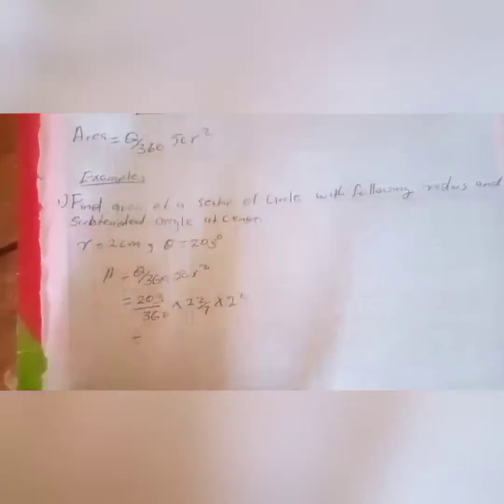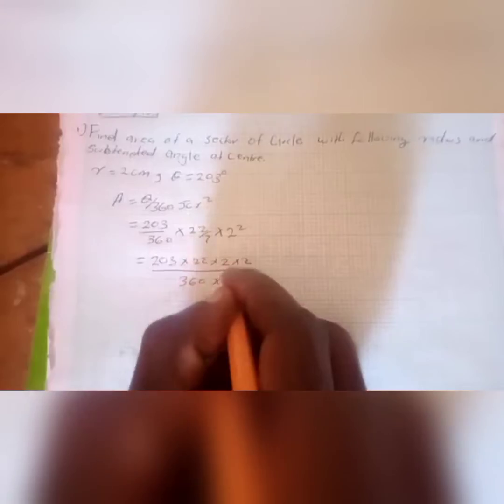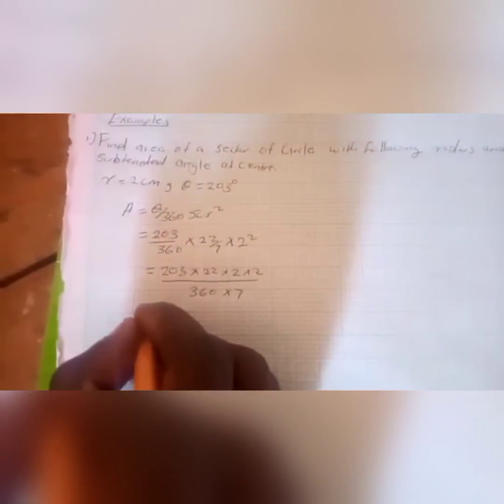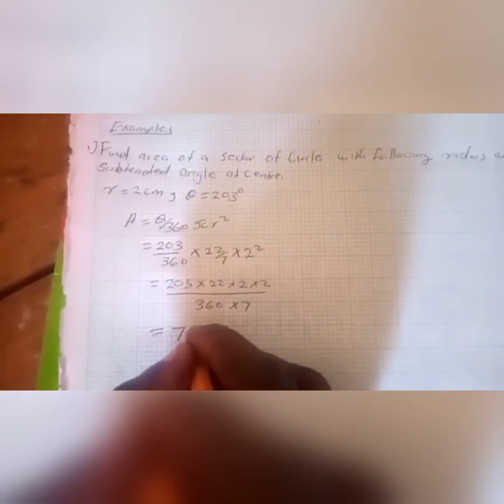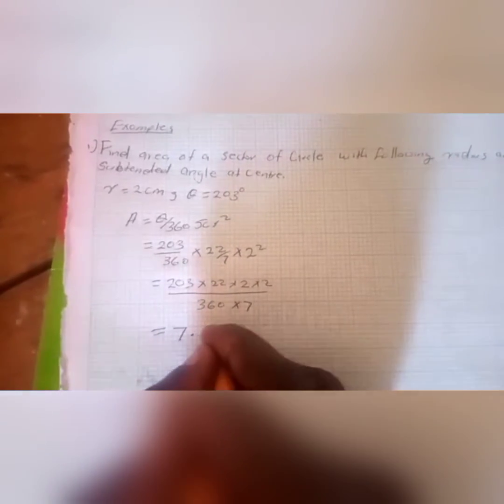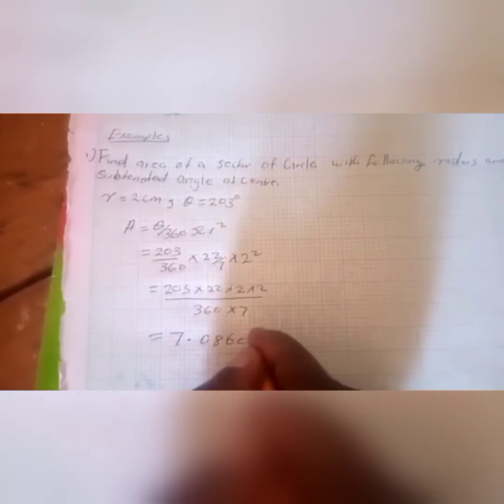So this is the same as 203 times 22 times 2 times 2 over 360 times 7. And the area we are getting is 7.086 centimeters squared. Okay, and then another one can also be given a figure.